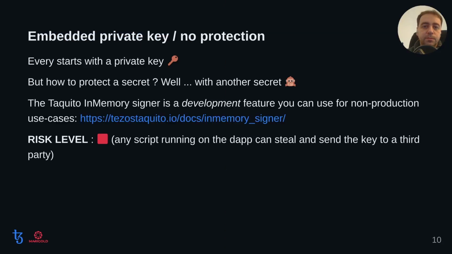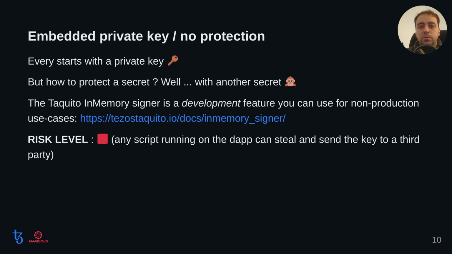When you generate a set of private and public keys, you need to protect this private key in a way that no hacker can steal it from you, and so steal your phone. The common way to protect a private key is to protect it with another protection like a password, which we're going to see on the next slide.